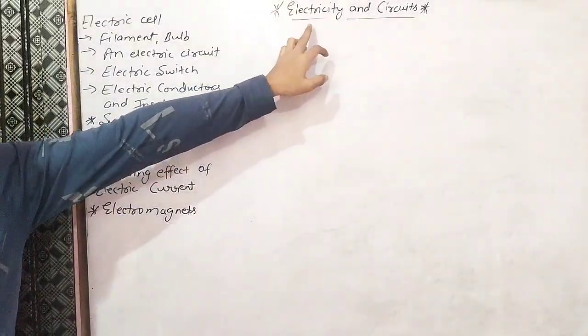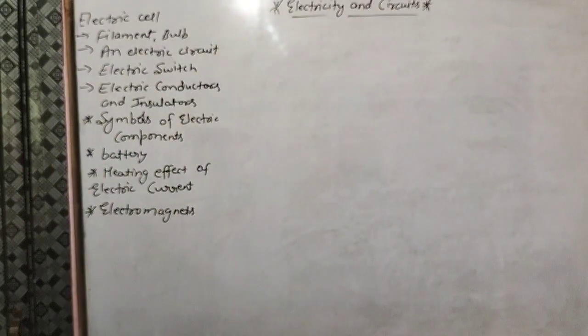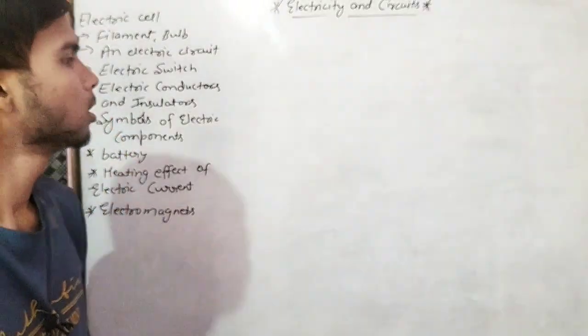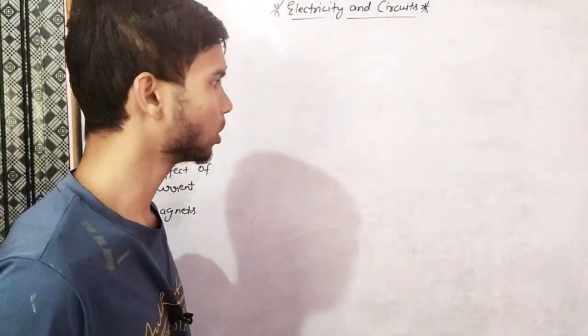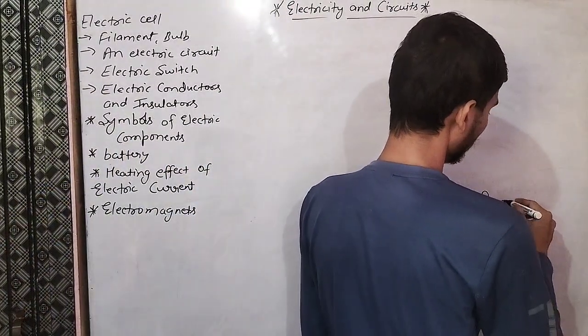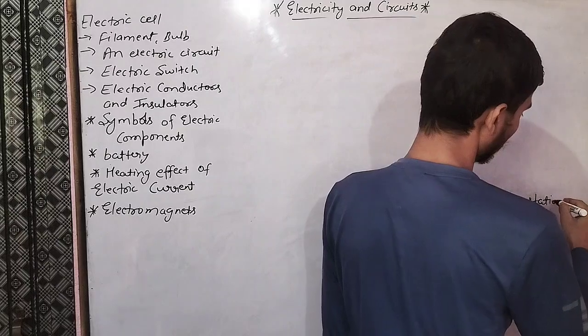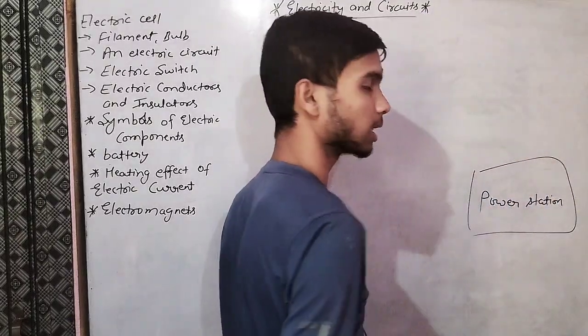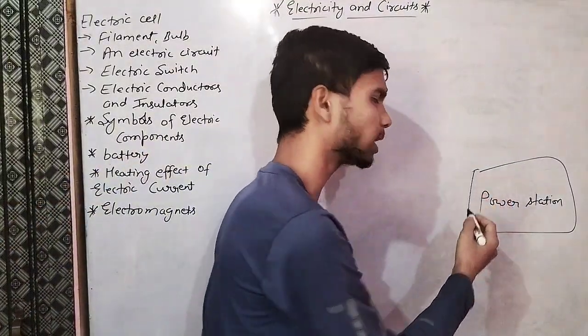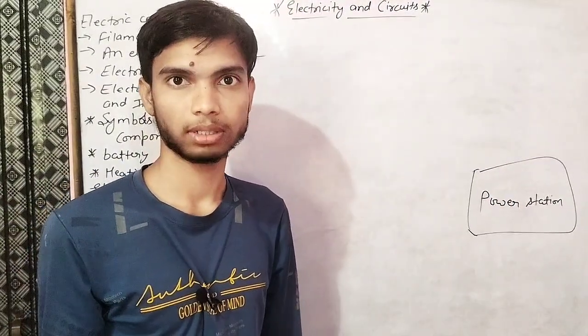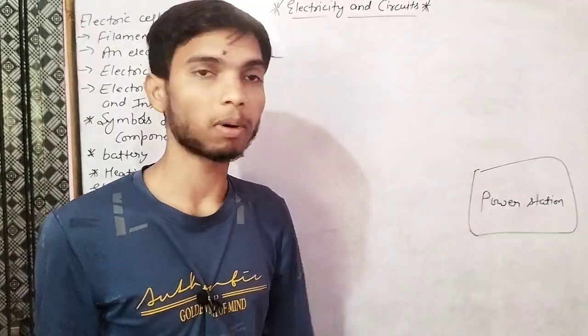So at our home electricity is being used. Where does electricity come from? From a power station. In our area, you would see places of a power station.